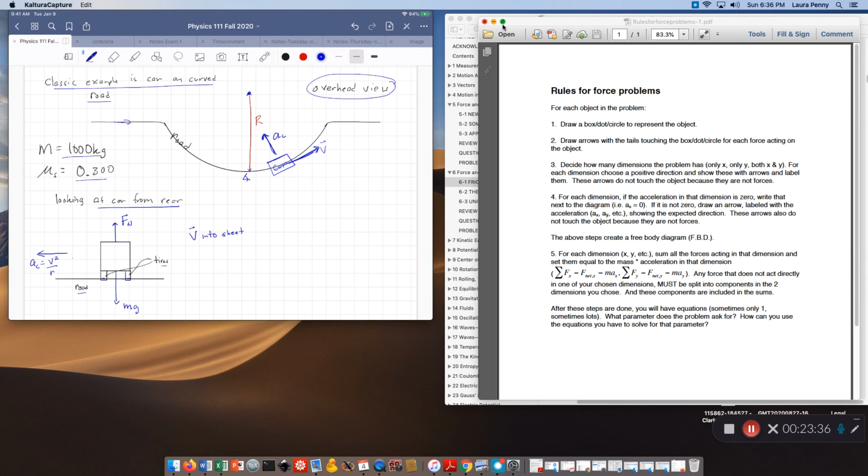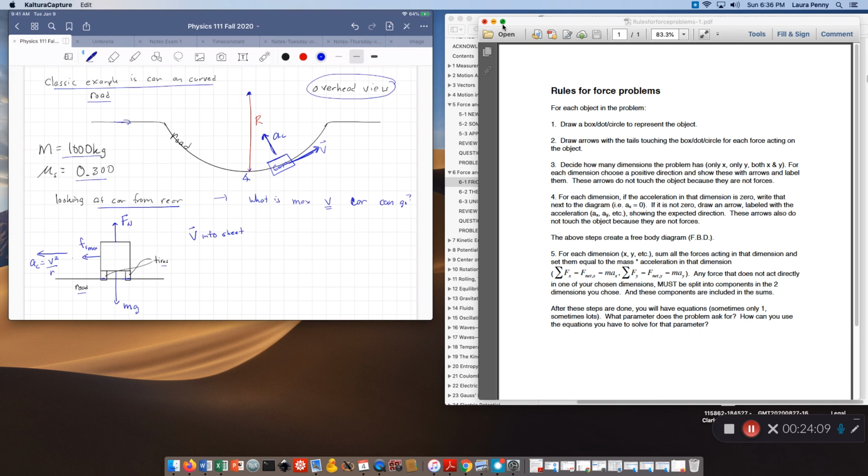And the direction of that force is this way. And that is the static friction force. And let's say that we're using the maximum static friction. So I want to know, what is the maximum speed the car can go around this curve?